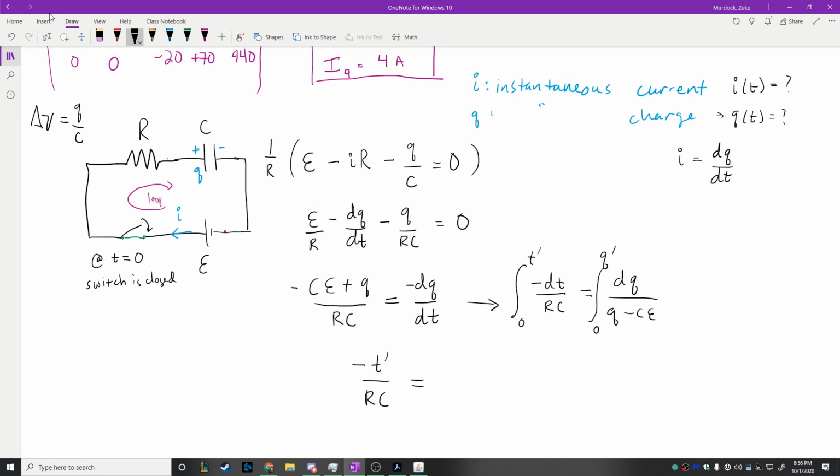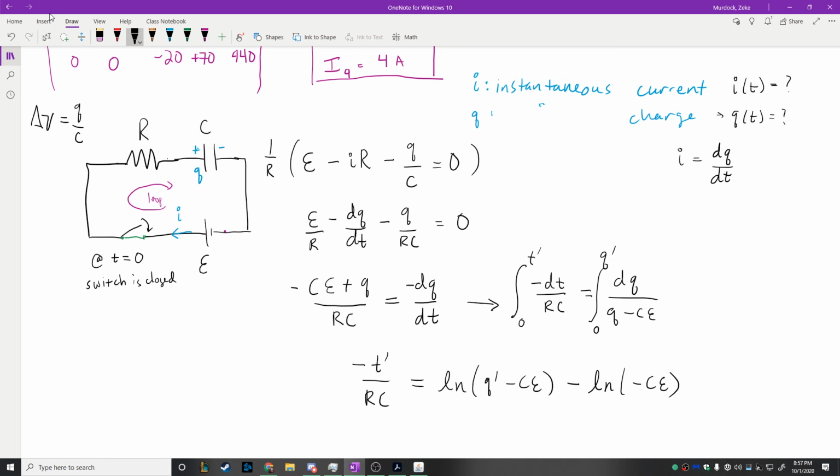The right-hand side of our integral over here, what's that going to give us? It's like a natural log, right? Exactly. So we'll have the natural log of, let's see, q prime minus ce minus the natural log of negative ce. And these are absolute values, right? So don't we drop the negative ce?